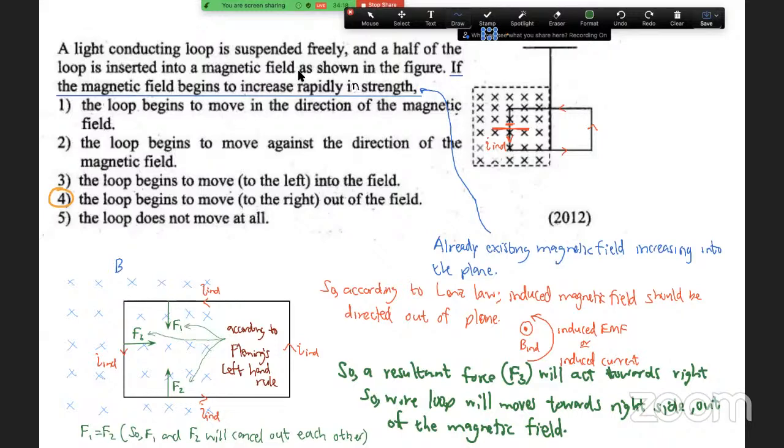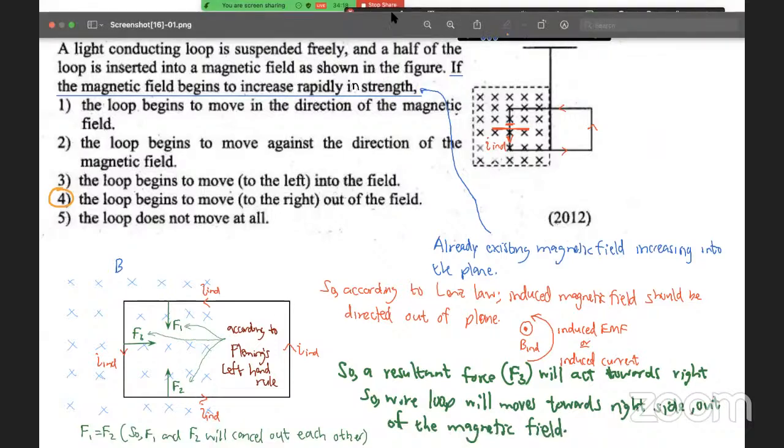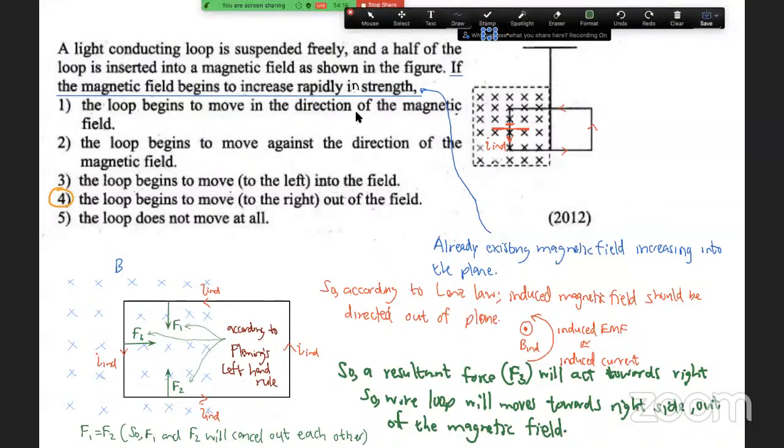The magnetic field is into the plane. What about the current then? No, it doesn't work that way. You should first figure out in which direction it will experience a force, and then based on that we decide, because initially it's at rest.